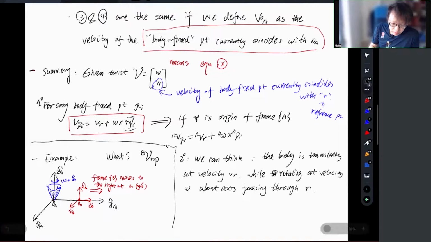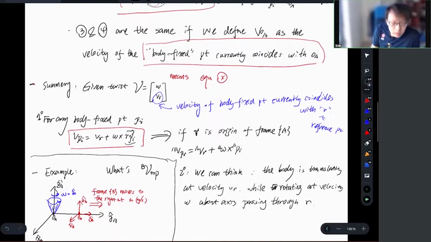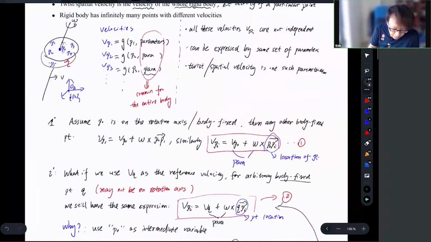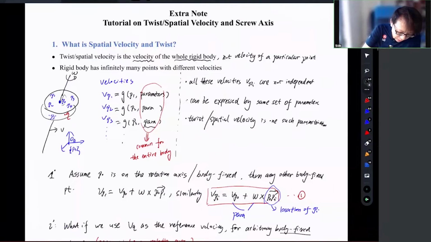Okay. So mathematically, you cannot distinguish the motion, because I can pick this frame A and I can pick another frame B, right?